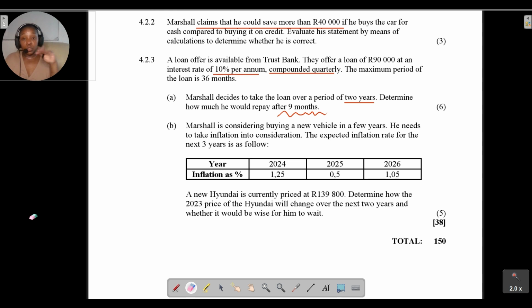So it's telling us that that is how much something is going to increase by in the given years. A new Hyundai is currently priced at 139,800. Determine how the 2023 price of the Hyundai will change over the next 2 years and whether it would be wise for him to wait.